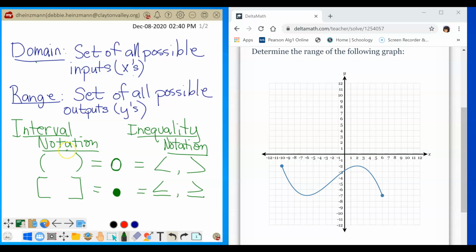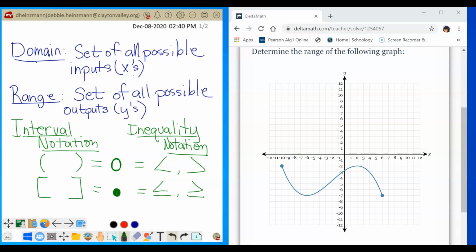Now, interval notation and inequality notation share a common notation, and that is our famous open circle and closed circle from graphing inequalities.